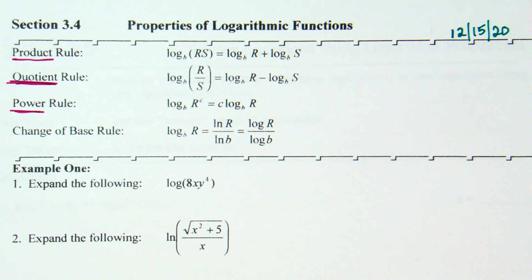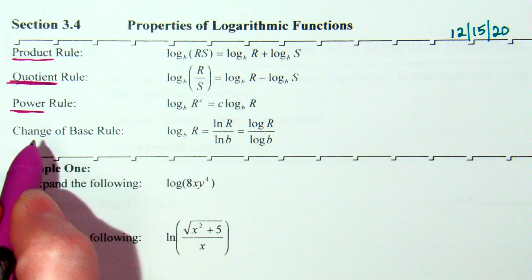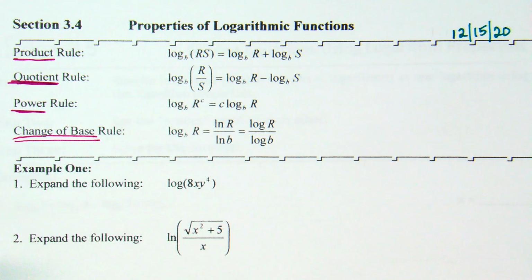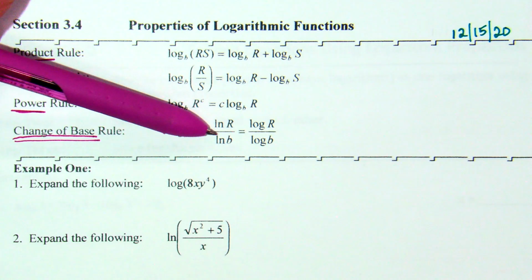And then the last one, not used so much in equations, but just other miscellaneous things dealing with logs, change of base rule. Okay, change of base rule says that if you have log base b of r, so any base, you can rewrite it as a division problem with 2 logs where it has a base that's on the calculator.